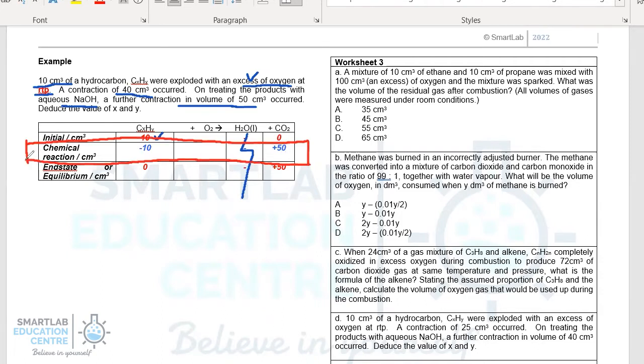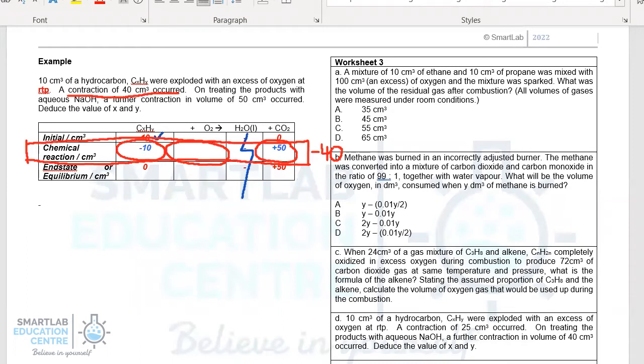Finally, the focus now will be on the row for chemical reactions, because during the reaction, a contraction of 40 cm³ occurred. It means the volume of hydrocarbon being used up, plus the volume of oxygen being used up, plus the volume of carbon dioxide being produced, must total to give you minus 40.